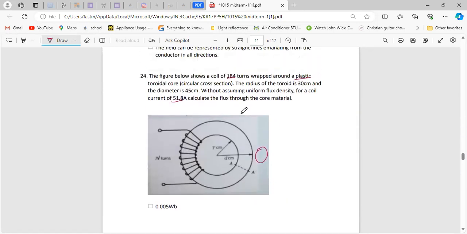If you want flux, you have multiple equations that you could use. Because it's a closed path, you could use Ampere's circuital law. Even if it had an air gap, you'd just have to add the piece for the air gap, like I did in the previous question a couple of weeks ago. So we could use a manipulation of this to get our answer.